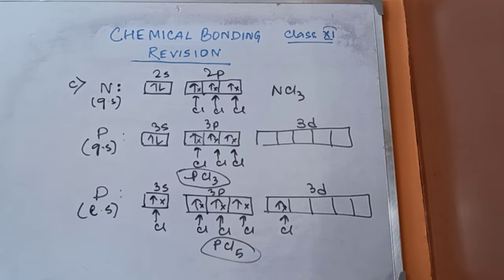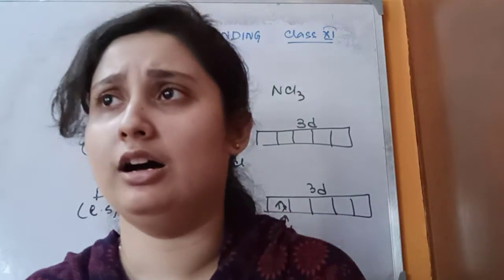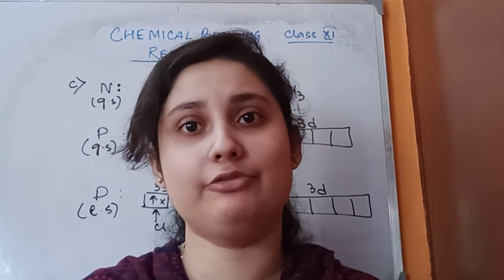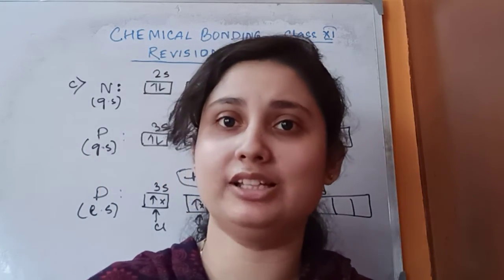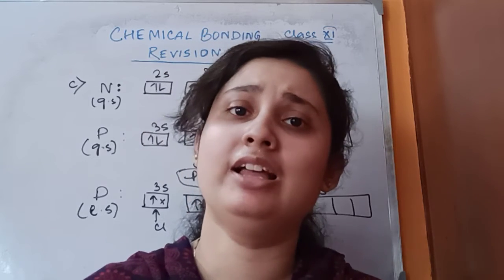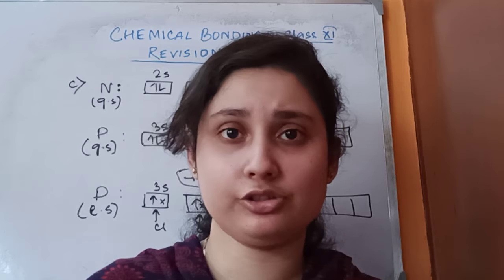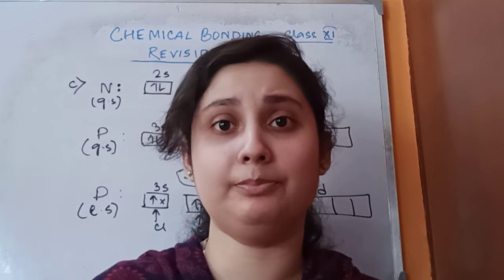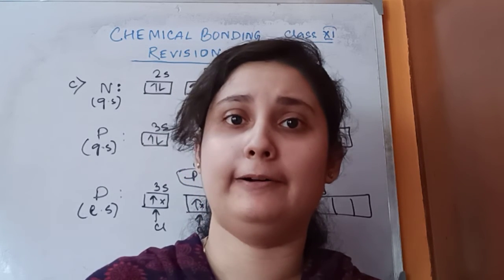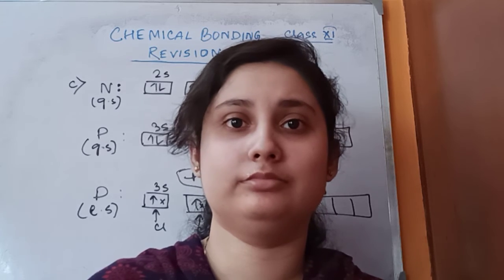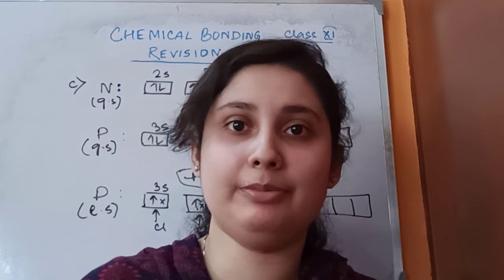Okay, so these are the 2 questions I had not explained during the videos, and I have explained them here. There are many other questions like you have to find the formal charge, you have to find the hybridization. All these things I have explained in the videos itself. There are questions like you have to show the hybridization of ethylene, which I have shown completely with the help of the orbitals, means the overlapping of the orbitals.